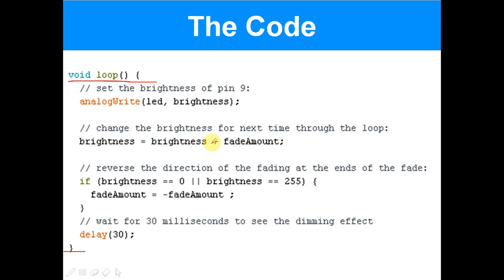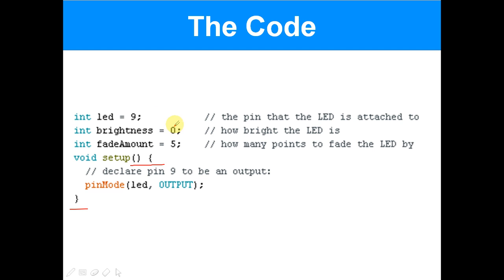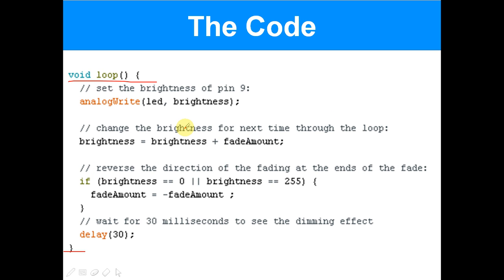Right, so brightness equals 0, but now we're saying brightness is brightness plus fadeAmount. Brightness plus fadeAmount is 0 plus 5. Okay, so now the brightness is 5. Okay, and then it's going to go back round and say it's 5.